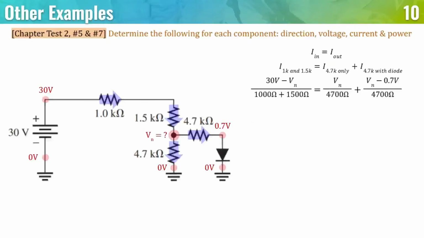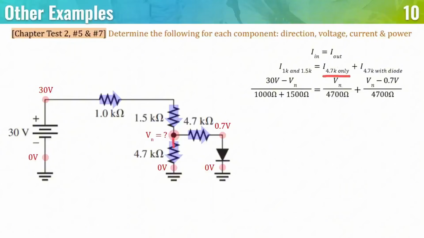So what we need to see here is that the current going in is equal to the current going out. Since we do not know the currents yet, we can just use I is equal to V over R. Specifically, for the current across the 1 and 1.5 kilo ohm resistors, we have 30 volts minus the node voltage as the voltage, and then the resistance would be the sum.